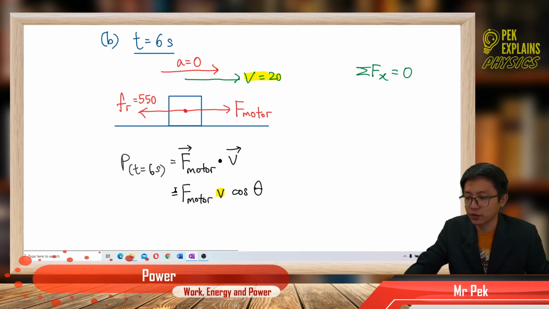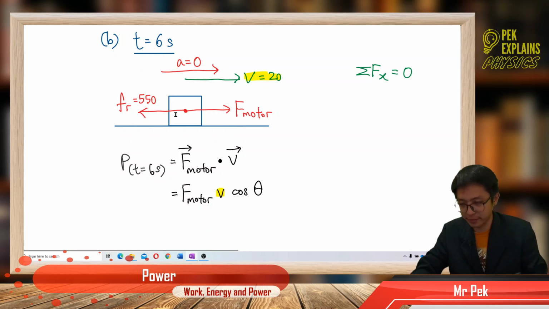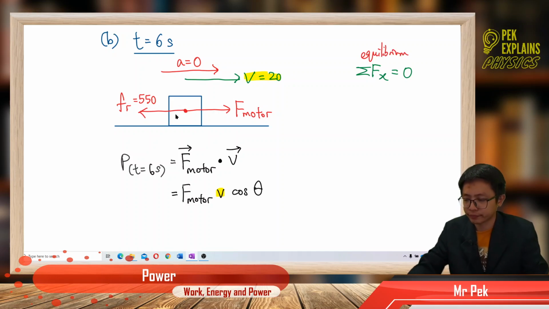But we have to find the force of the motor. So we also use Newton's law. This time it is Newton's first law, because acceleration is 0. Acceleration 0 means the object is in equilibrium, with constant velocity.